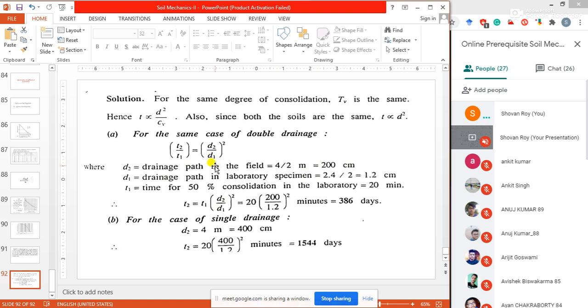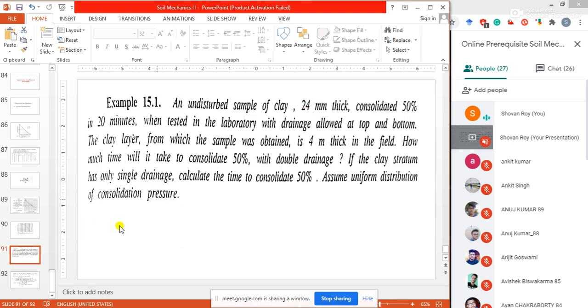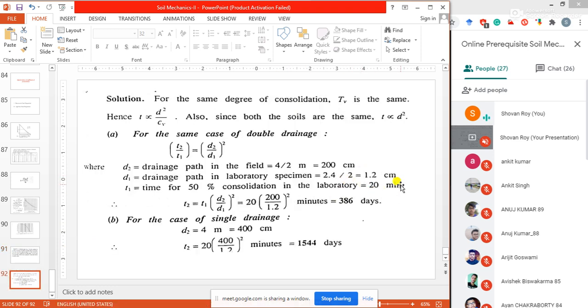The 1.2 is D1, the drainage path in the laboratory specimen. Also in the laboratory we have used double drainage, so 2.4 was our thickness of the specimen, 2.4 centimeter or 24 millimeter. So 2.4 divided by 2 is 1.2 centimeter. Now our T2 value, the time for 50% consolidation in the field, is this many minutes, converted into days, because time we can calculate in any unit: minutes, seconds, hours, days, months, years.